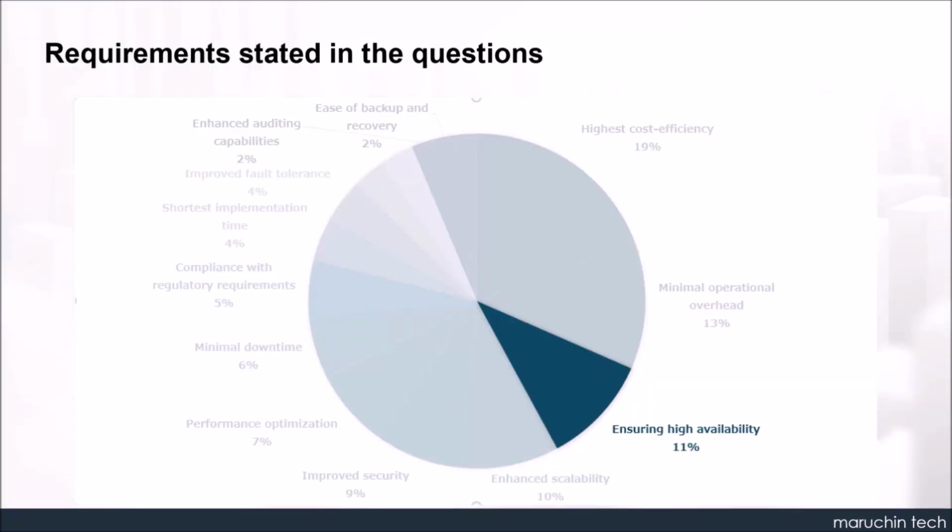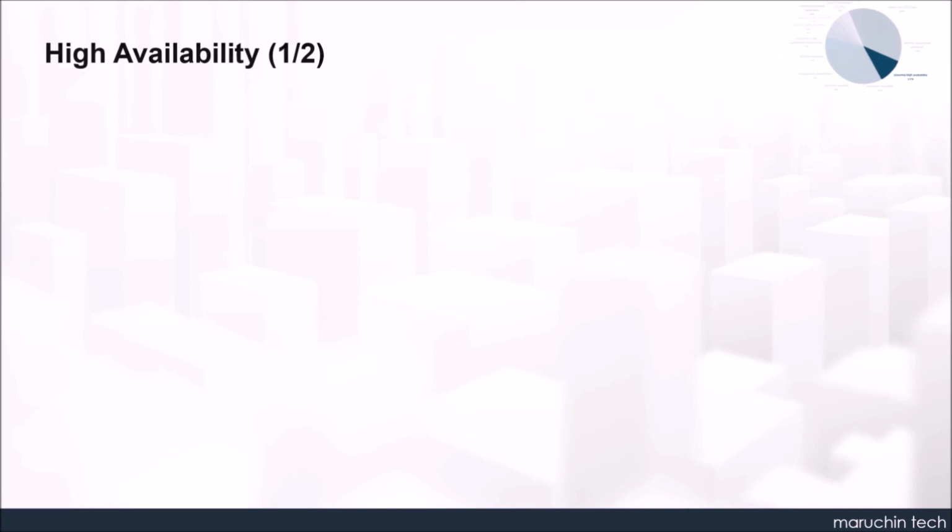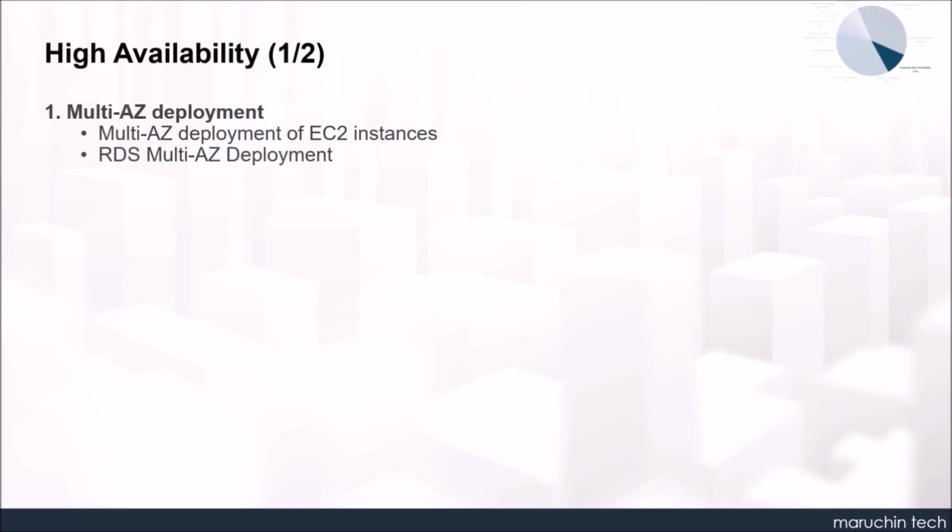The next one is to ensure high availability. Although you may encounter terms like redundancy and resiliency in the question text, the solution remains focused on achieving availability. For high availability, multi-AZ deployments are effective.